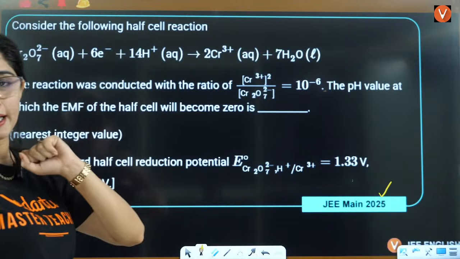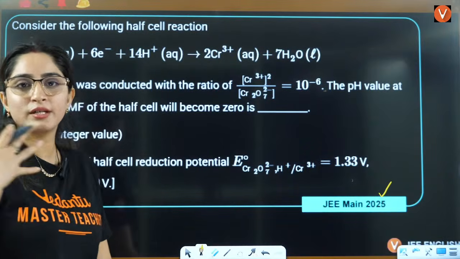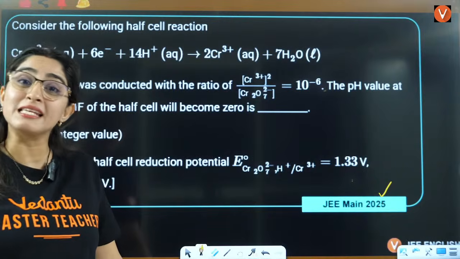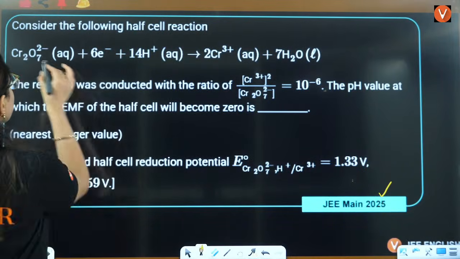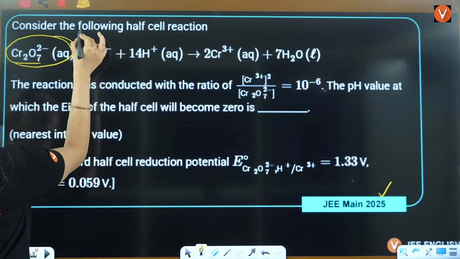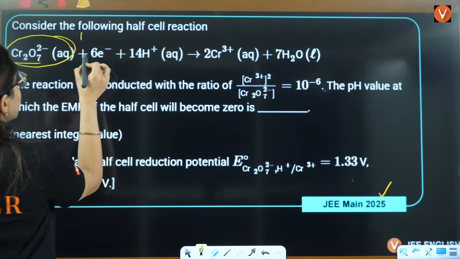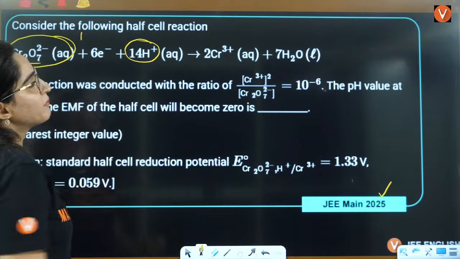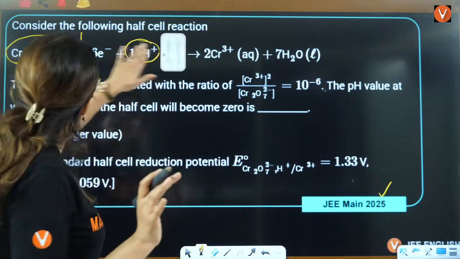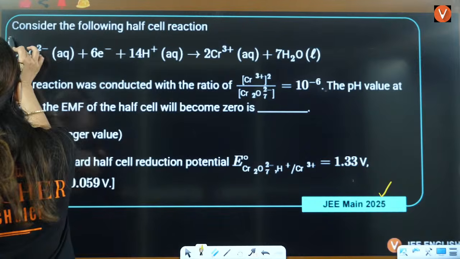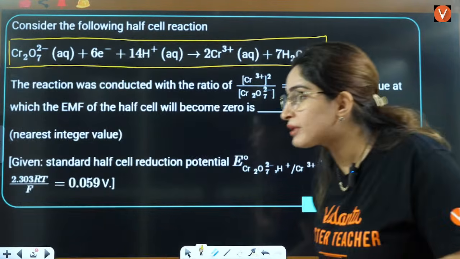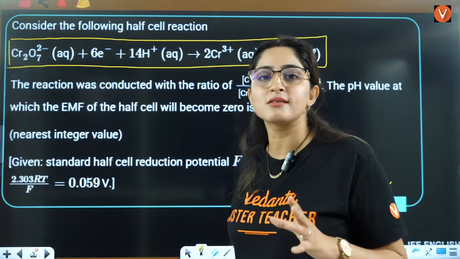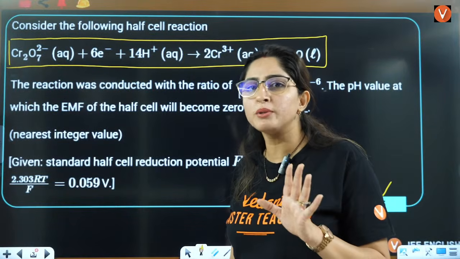Now see one thing. If I were an examiner and wanted to make this even more complex for you, what would I have done? I would have written just dichromate ion in acidic medium, that's it. Now tell me, have you seen this reaction anywhere else in your chemistry? If they don't give you the reaction and don't balance it, will you be able to do that?